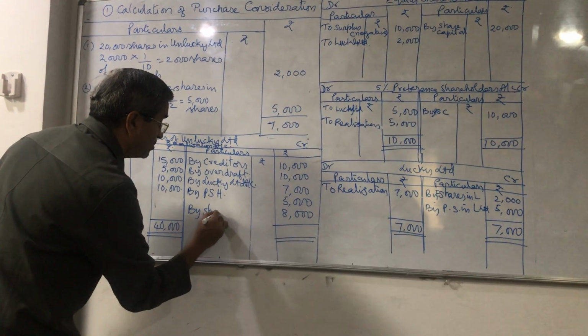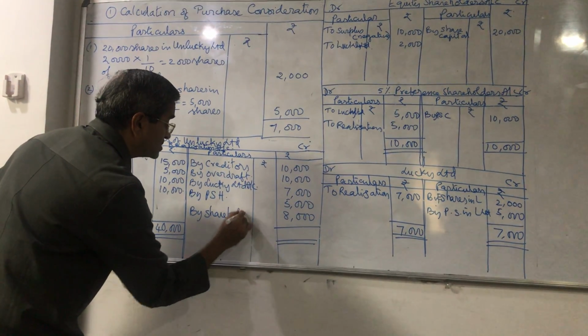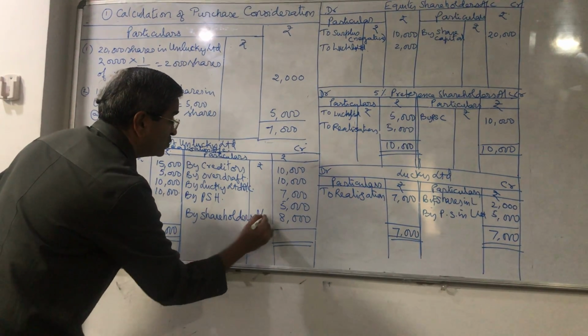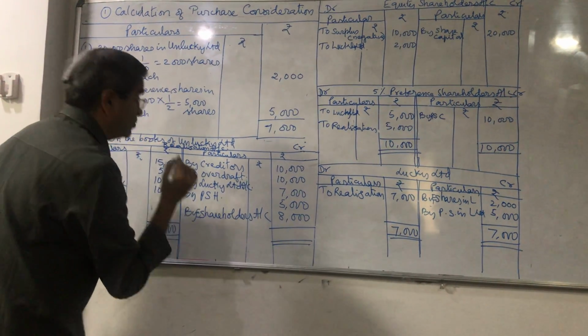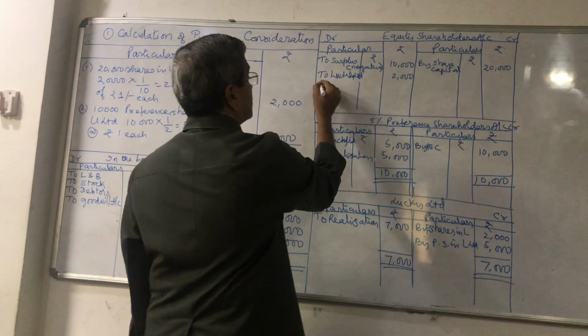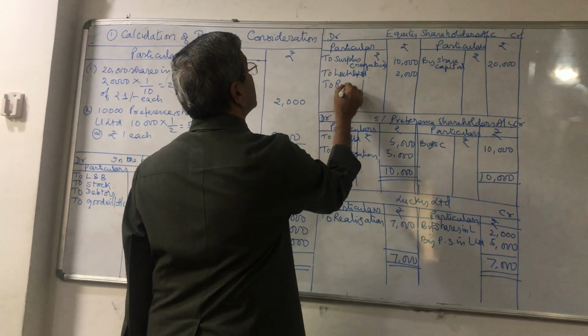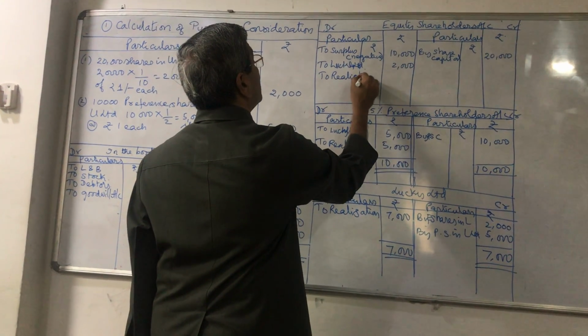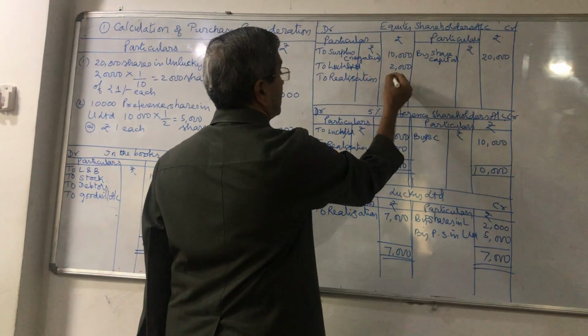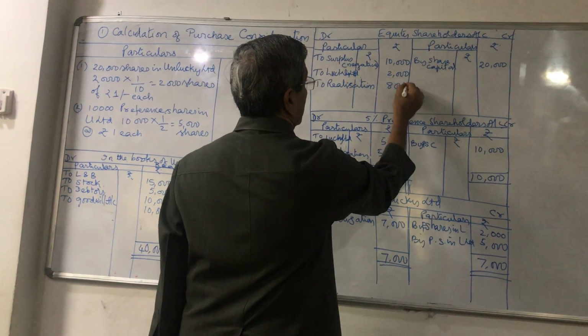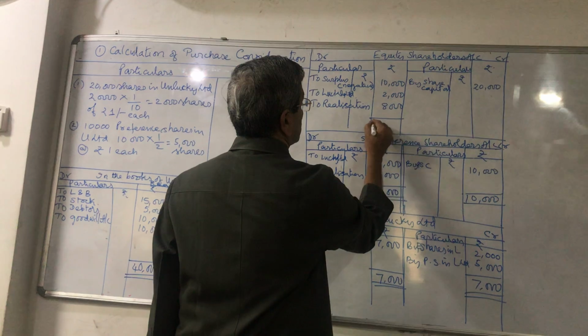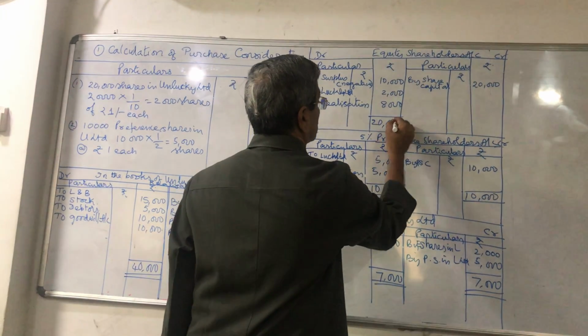This should be borne by the equity shareholders account. So you will transfer this to the equity shareholders. Equity shareholders account to realization 8,000. So this account also gets closed.